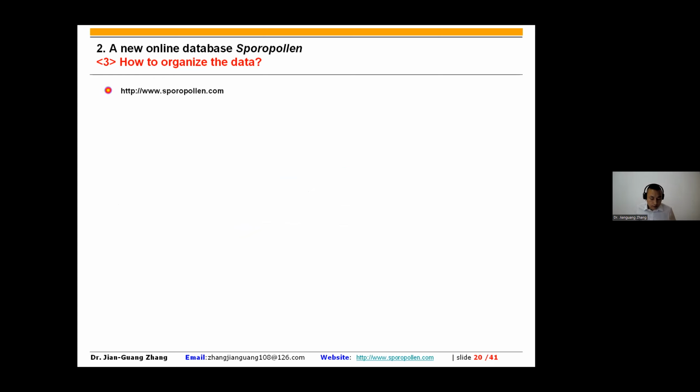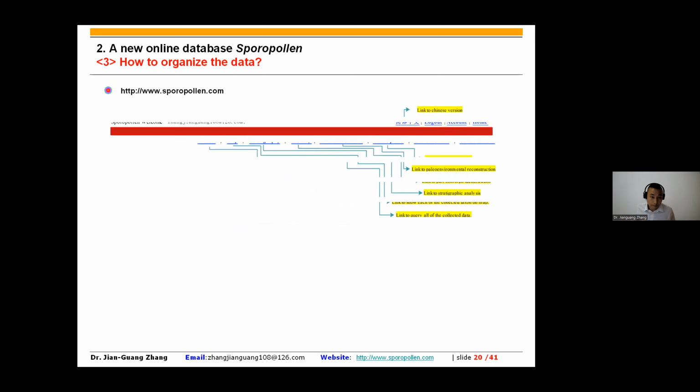The database is published online with the address of sporopollen.com. Different interfaces are created by clicking the menus. Users can query data either in the form of datasets or on a map.